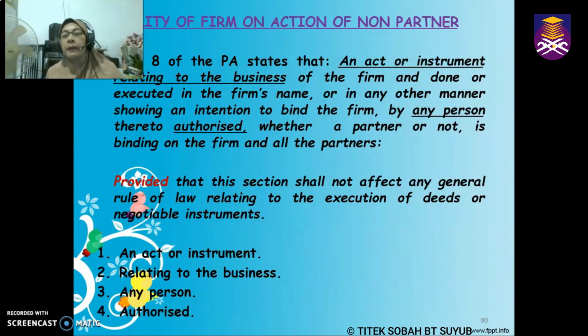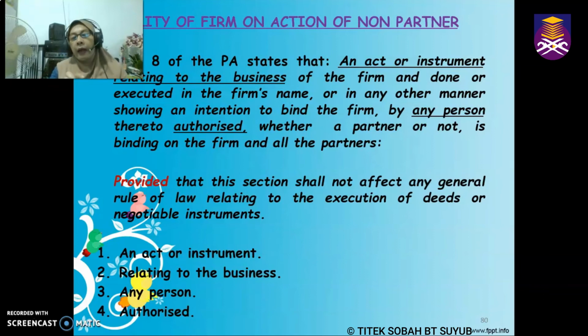So meaning it's not done by the partners, it's done by somebody else. Maybe it's done by the clerk or by the accounts department in that firm. Whether the firm will be liable, because this is not an action by the partner. Under this situation, the firm will be liable if it relates to the said business and this person is authorized to do it.